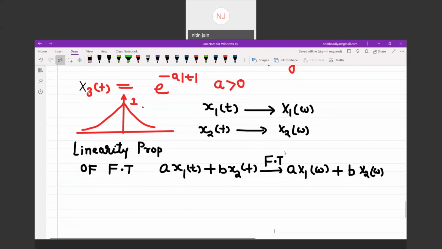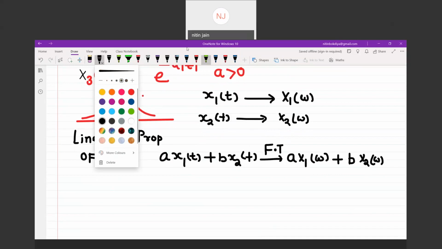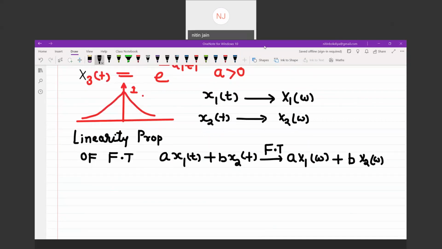So can I say x3(t) can be written as e to the power minus a mod of t?